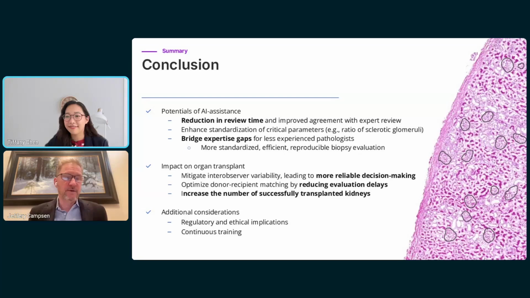Thank you. I'd like to say this was a really exciting study to be part of, because it is so impactful, and it's something that is really going to change the workflow of organ donation, as well as increase organ donation.